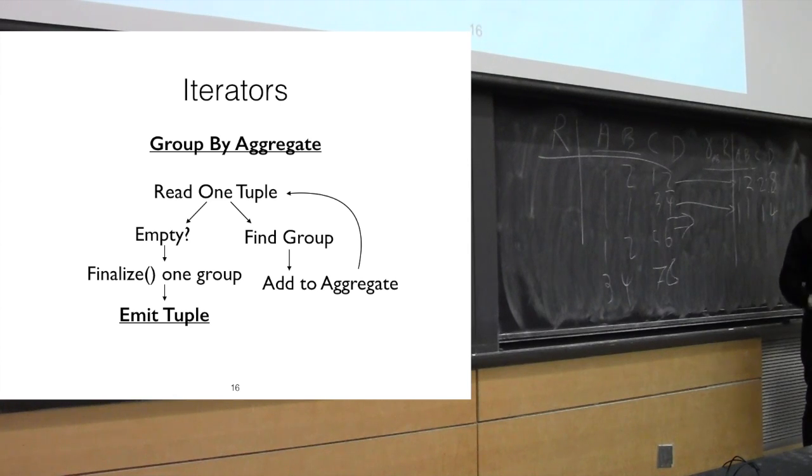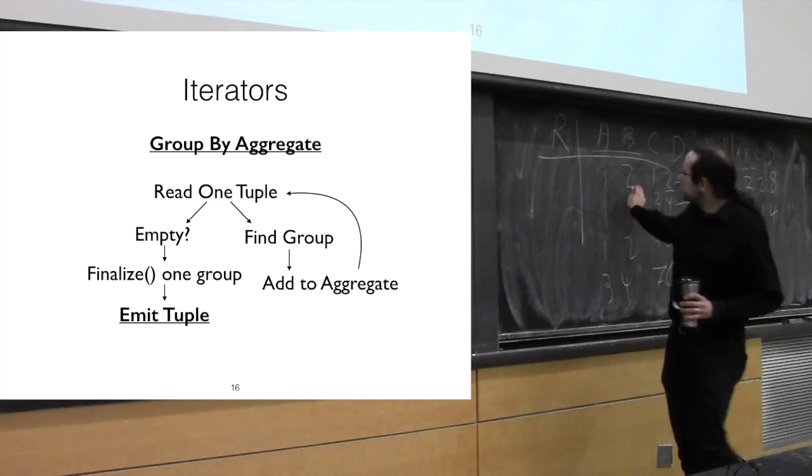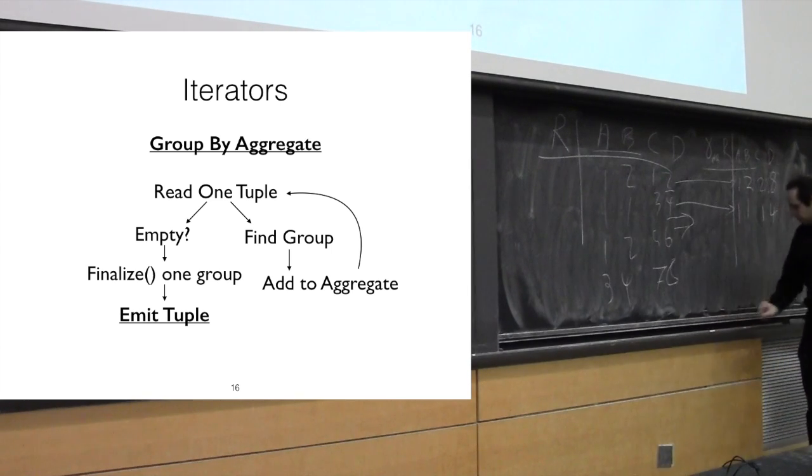Question? So essentially what I'm doing is taking all of these tuples and grouping them by the first few attributes. So in effect I've got 1, 2, 1, 2, 1, 2, 1, 2, 3, 1, 1, 3, 4.